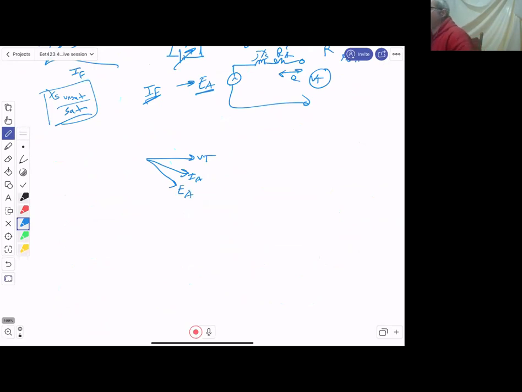So just with this phasor diagram, you should be able to tell me if it's a motor or generator, and if it is exporting or importing Q. Anybody want to guess as to which is which?